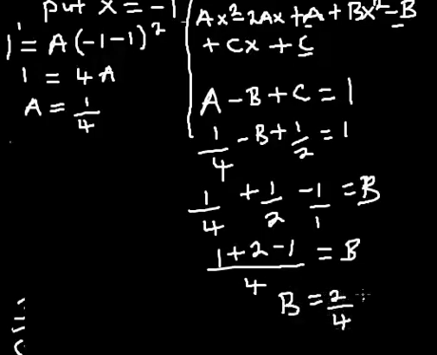Okay, so when you break it down, 2 divided by itself is 1, and 4 divided by 2 is 2. So that is it.